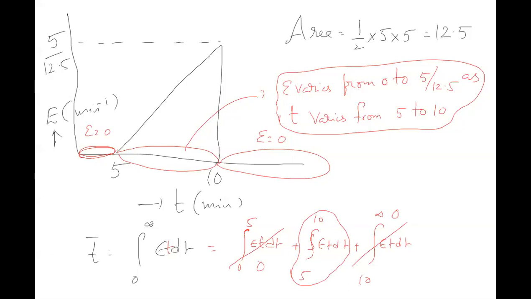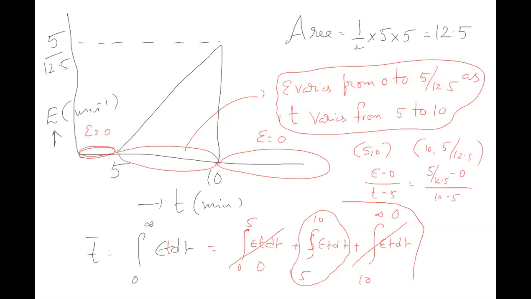What is the value of E in this range? You have to write the straight line equation. What are the points? One is 5, 0. Another one is 10, 5 by 12.5. How do you write the straight line equation? E minus 0 by t minus 5 equals 5 by 12.5 minus 0 by 10 minus 5.